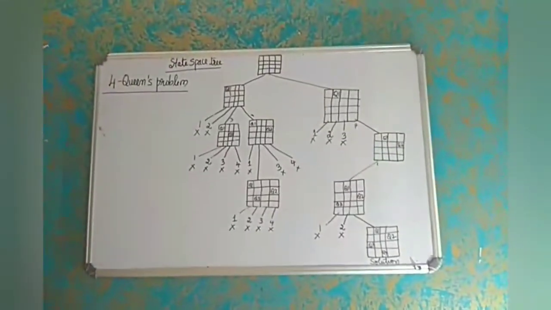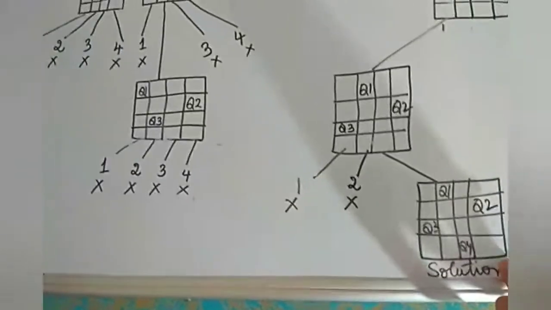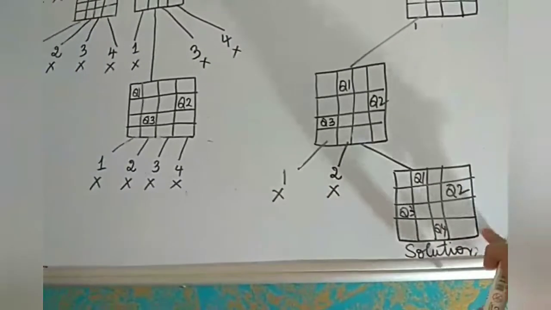Now, how will you continue this process to get the next solution? You have to follow the backtracking method. Now you are in this leaf node, you have reached the end. Again you have to go back to the previous node.